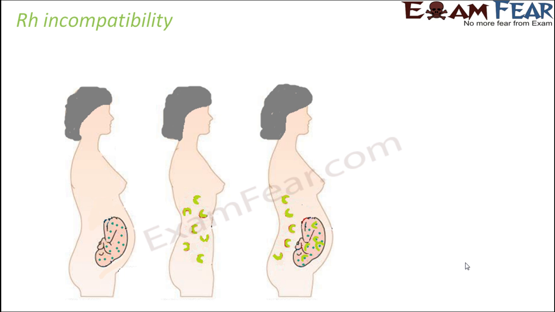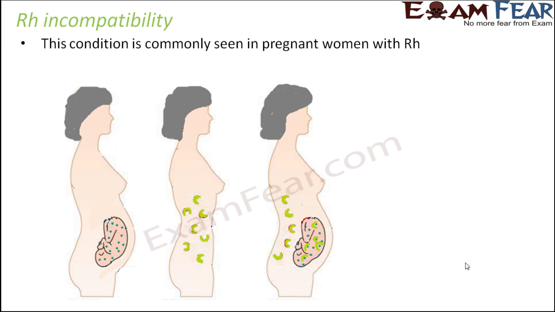Now we will discuss one example of RH incompatibility. What is this RH incompatibility? This is basically a condition which is commonly seen in pregnant women with RH negative. Let us suppose that the mother is RH negative.